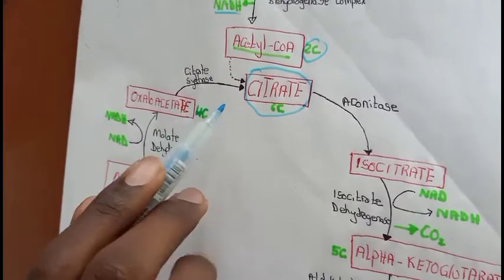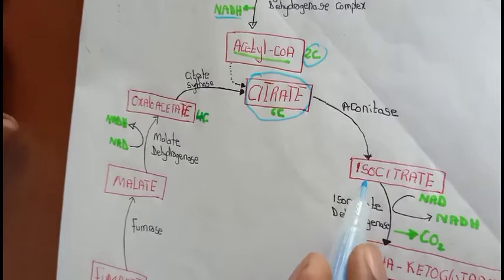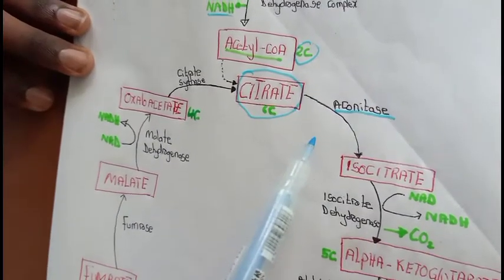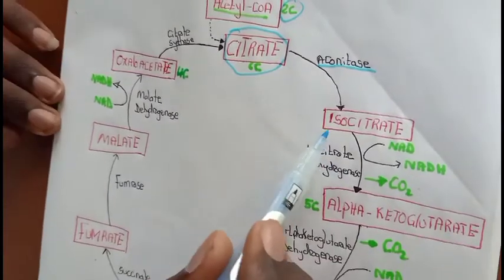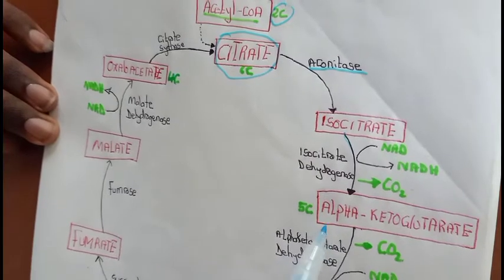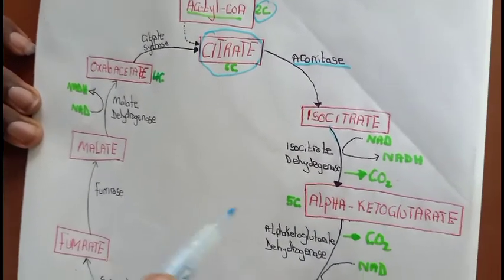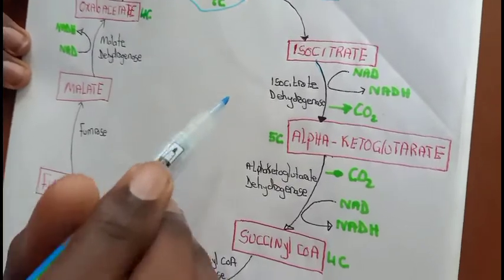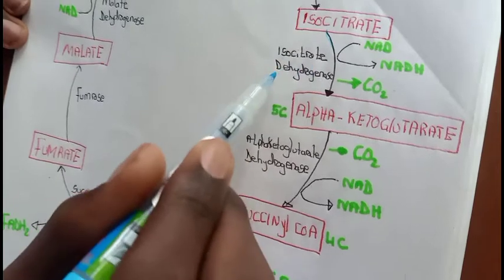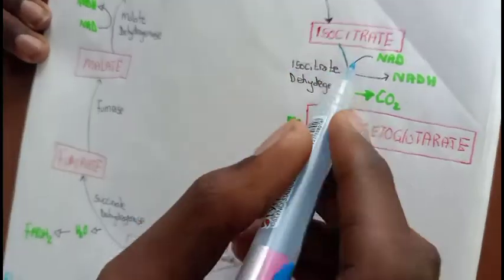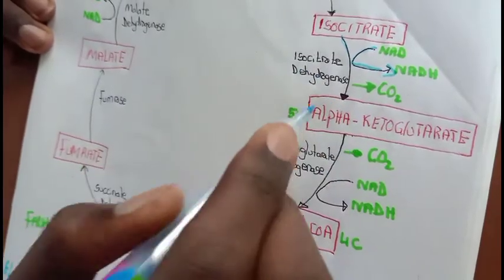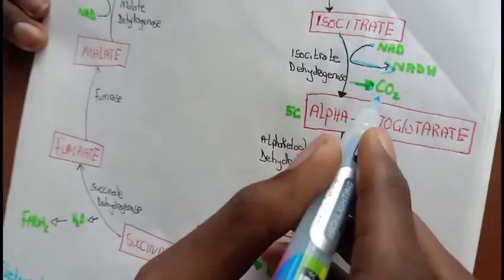So this citrate will be oxidized to isocitrate by an enzyme called aconitase, and this isocitrate is going to be converted to alpha ketoglutarate, and this reaction is being catalyzed by an enzyme called isocitrate dehydrogenase. And here we are going to form NADH, and 1 carbon compound will be lost.